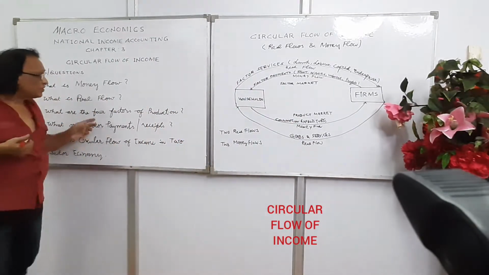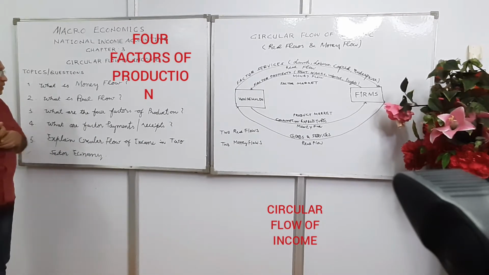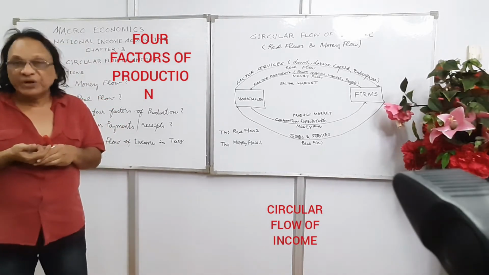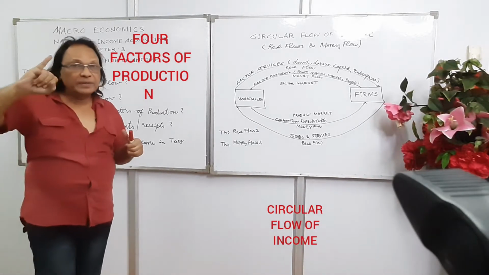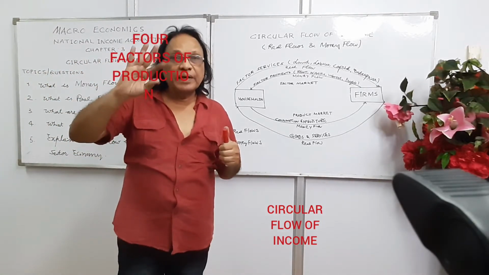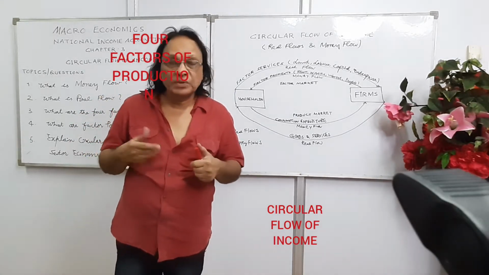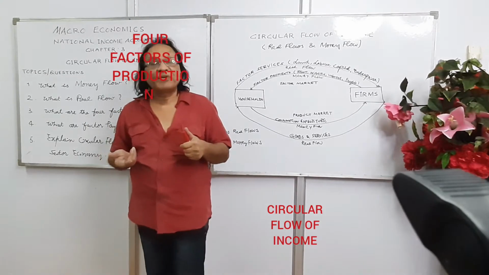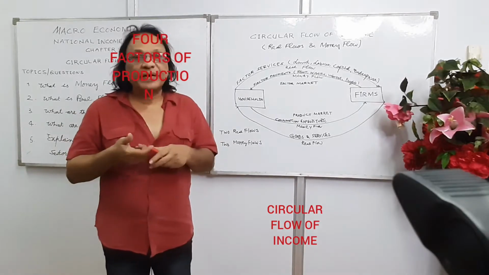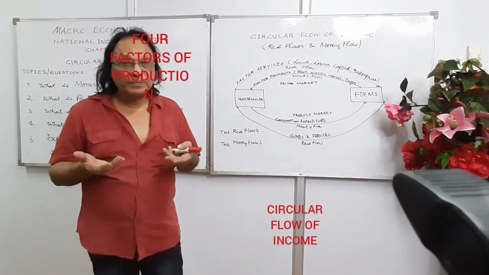What are the 4 factors of production? These are simple concepts that will help you later on. The 4 factors which help you in production are 1, land, 2, labor, 3, capital, and 4, entrepreneurship or enterprise, you call it. Without this, you just can't produce anything.